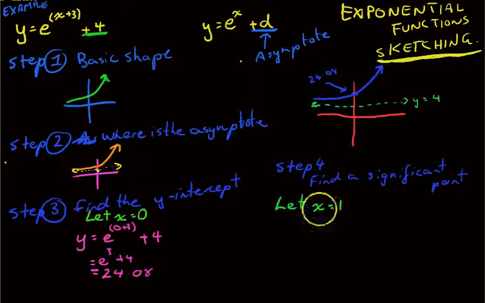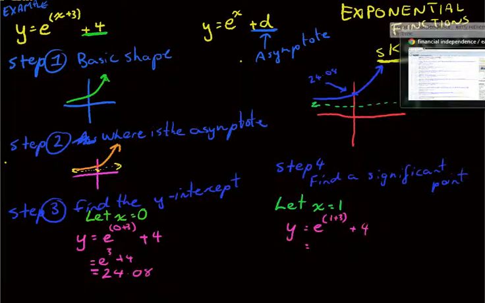So I'm just going to let x equal 1 and then sub it in. So y equals e to the power of 1 plus 3, plus 4. Sorry, y equals e to the power of 4, plus 4. Now again, pull your calculator out.